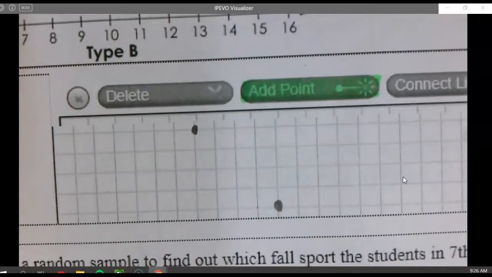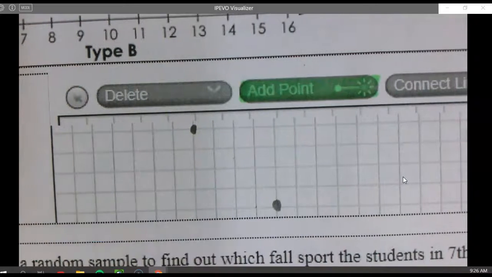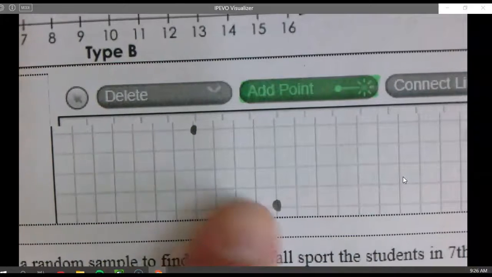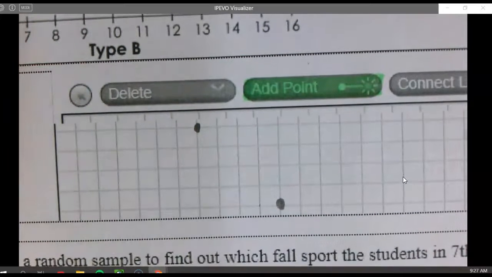Guys, if I place points here and here, can someone easily tell me the distance between them? Oh, Nate's hand went down real fast. Nate, why'd your hand go down? Because I get confused when I find the distance. Yeah, why is this confusing? Or what could make it easier? Why can't I just count this?